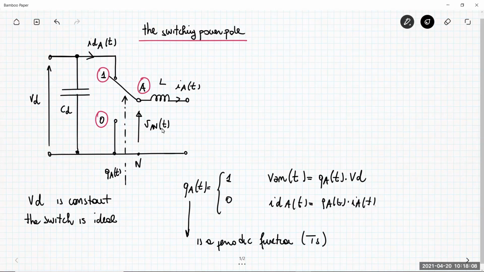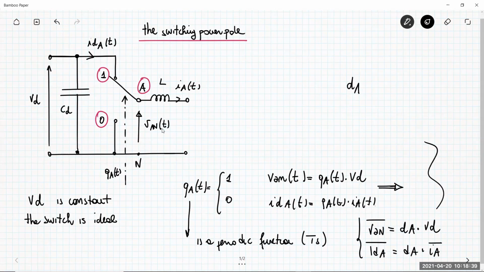We can then pass from the instantaneous expressions to average expressions: VAN average is equal to DA multiplied by VD, and IDA average is DA multiplied by the IA average value, in which the duty cycle is simply the average value over the switching period Ts of the unitary switching function.